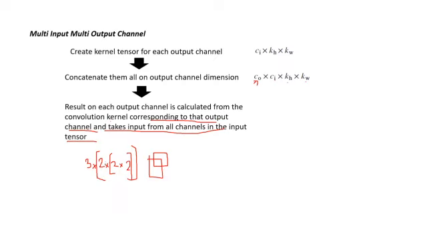Now there will be 3 such sets, and each of these will stand for one channel. This is for channel number 1, this is for channel number 2, and this is for channel number 3.